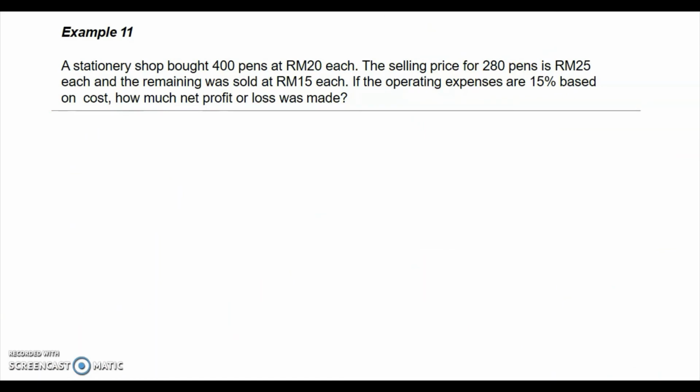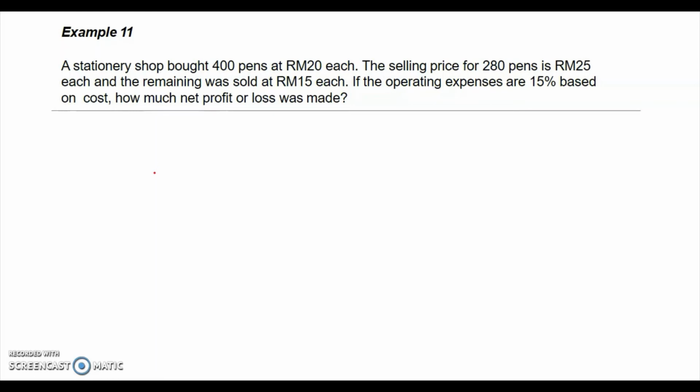Next example, a stationery shop bought 400 pens at 20 ringgit each. The selling price for 280 pens is 25 ringgit each, and the remaining was sold at 15 ringgit each. If the operating expenses are 15% based on cost, how much net profit or loss was made?